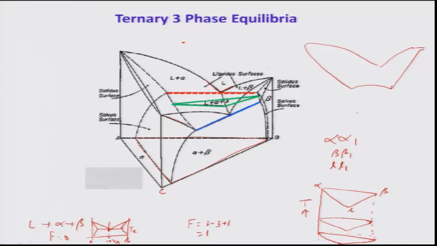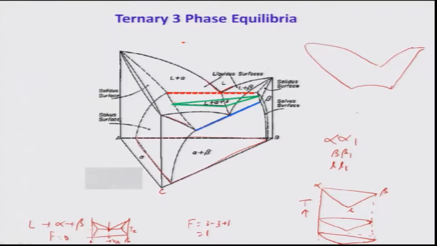So, as you see, simply going from 2 phase equilibria to 3 phase equilibria, the whole 3-dimensional construction gets quite a bit changed, and one needs to really look at this. Secondly, we need to also look at the solvus surfaces, okay. So, what are the solvus lines? In a binary you have solvus lines, these are the solvus, this is also solvus.